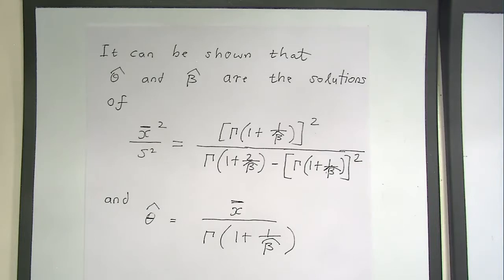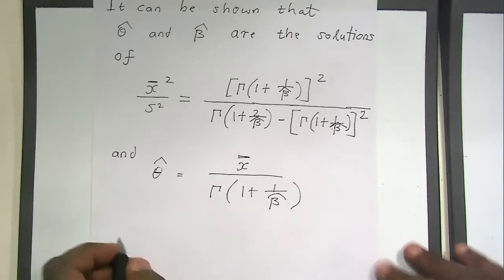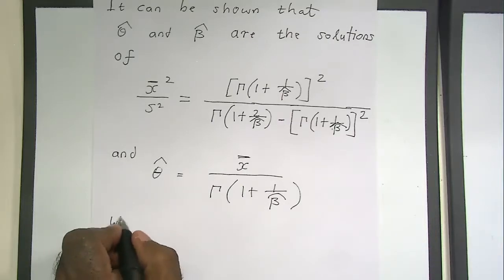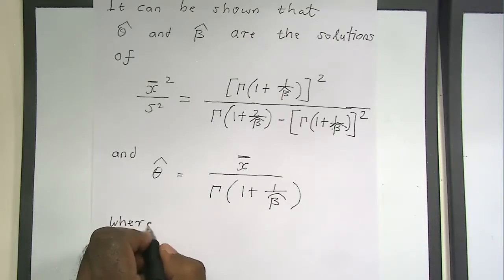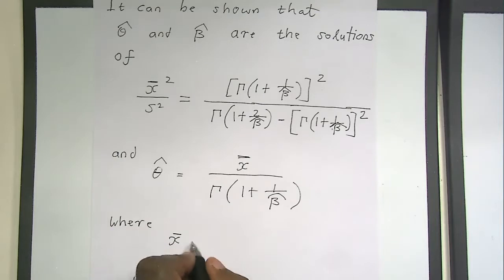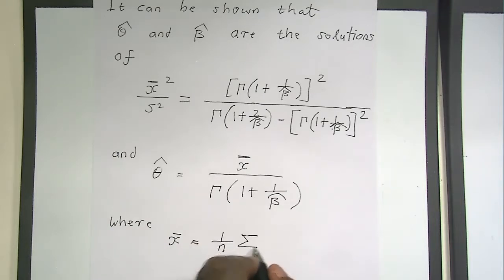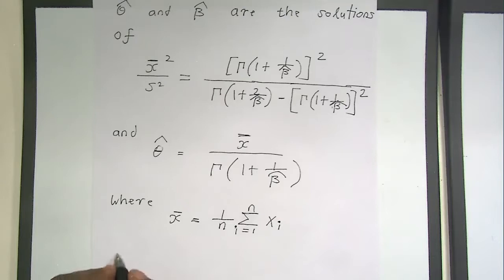So let me write that down, where x bar is the sample mean and s squared is the sample variance.